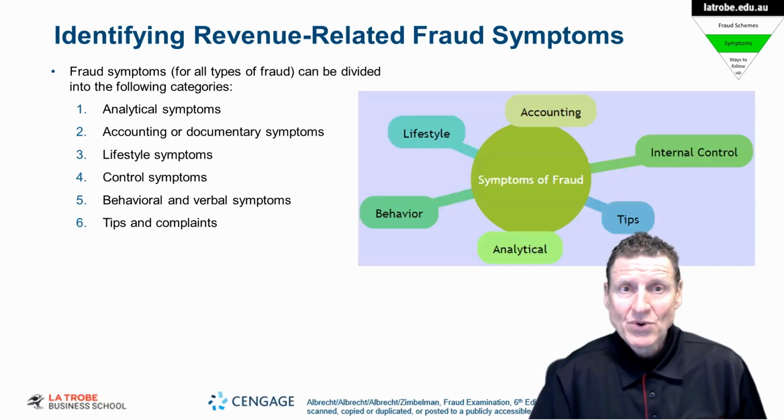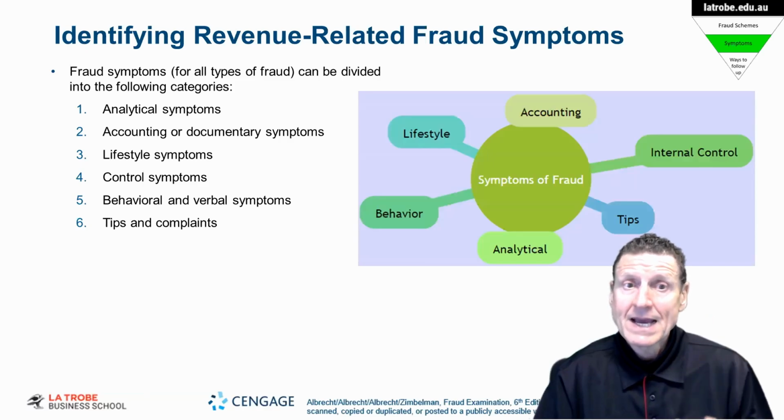As I mentioned, I was talking about the tips, whistleblowing, but remember the others: the accounting and documentation go together, analytical, internal control weaknesses, excessive lifestyle and behavior.